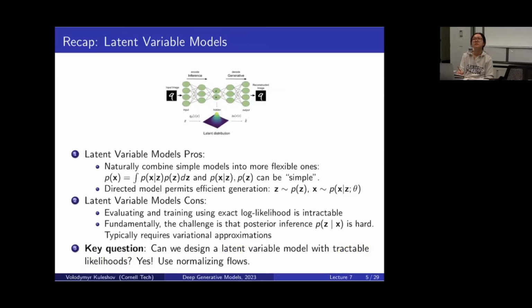They're going to be a class of latent variable models that combines both latent variables and exact posterior inference and exact log likelihood estimation, at least in theory. There's going to be a lot of practical complications, but at least in theory, this is going to be a class of models that will combine the benefits of both autoregressive and latent variable models.